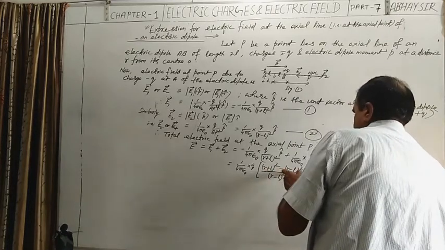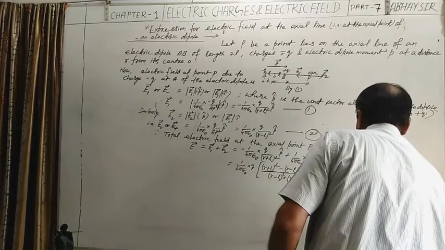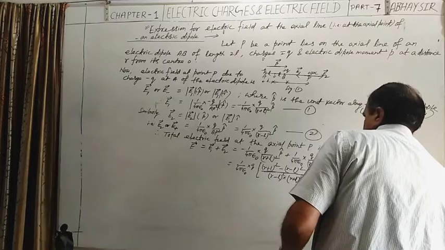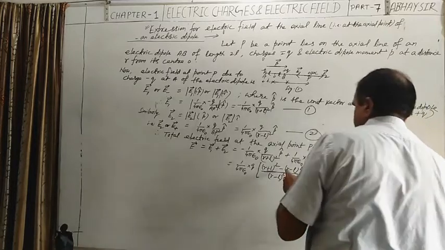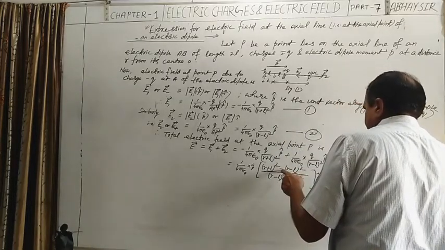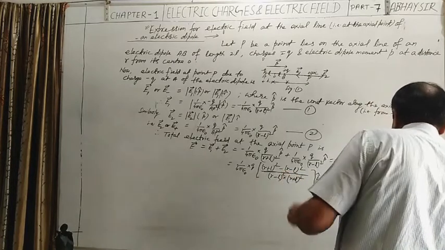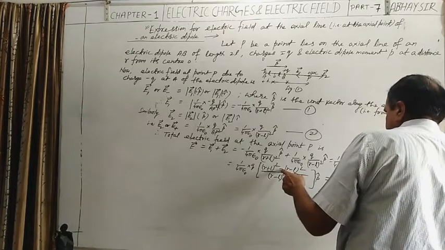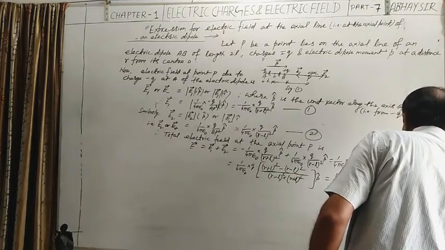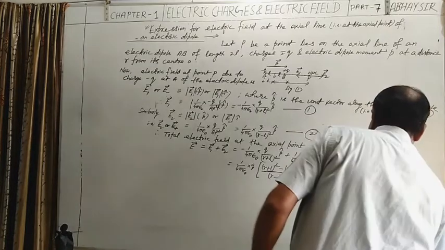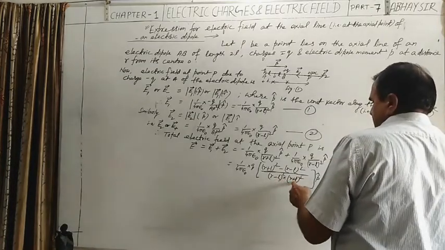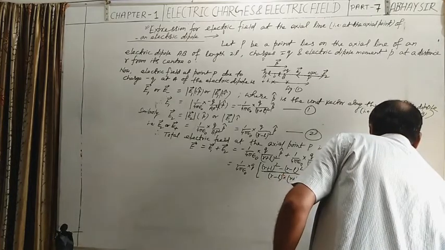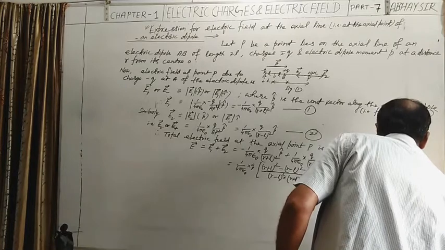This is in the form of a plus b whole square and a minus b whole square: R square plus 2RL plus L square, minus R square minus 2RL. The minus sign is outside the bracket, so it is plus 2RL plus L square, but with the minus sign outside the bracket, it becomes minus, minus L square, upon a minus b into a plus b, a square minus b square, whole square, that is R square minus L square whole square.